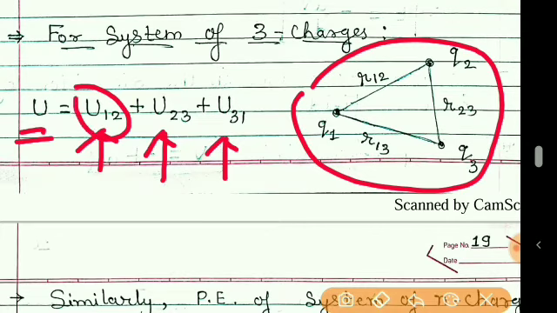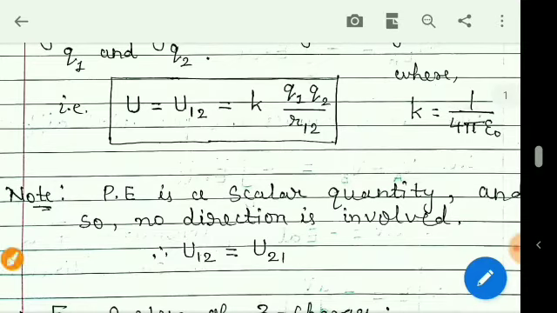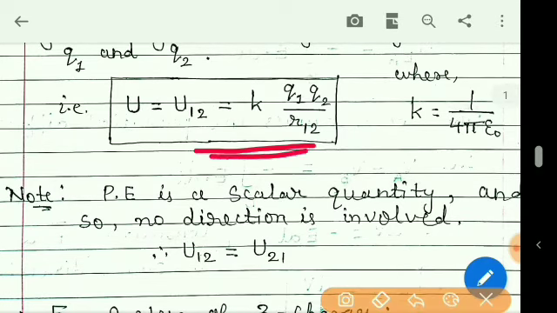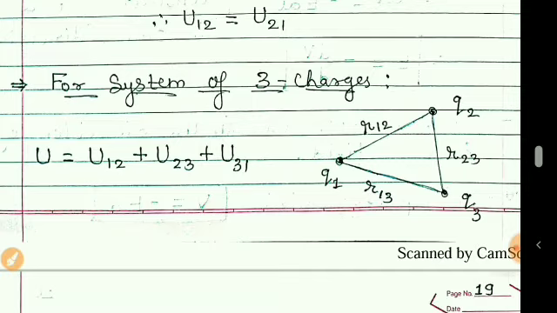That we know, because we have already obtained the formula for this. Similarly, for U23, in place of 1 2 we can write 2 3, and similar changes we have to make for the charges, and so we get the total potential energy for three charged particles.